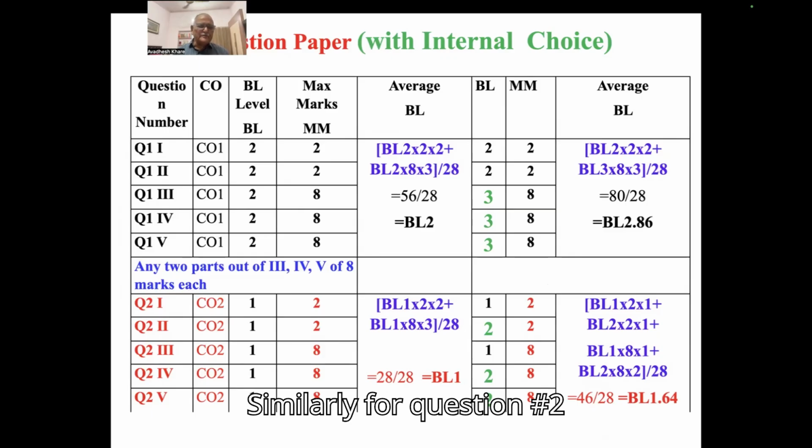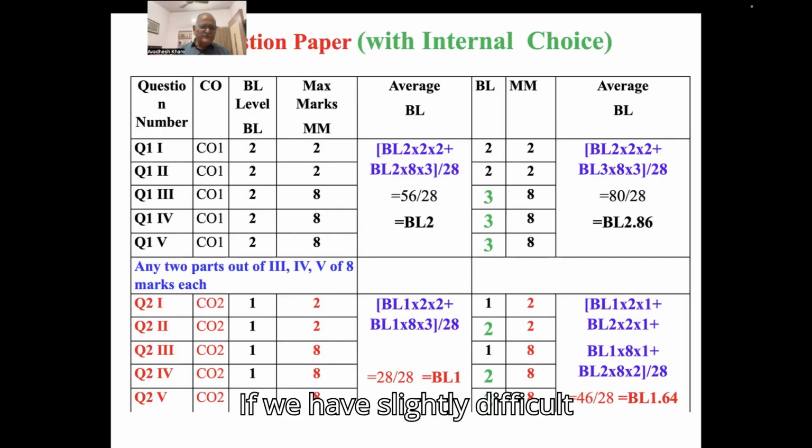Similarly, for question number 2, we have BL level of all parts as 1, and the average BL of the syllabus will be (1 into 2 into 2 plus 1 into 8 into 3) divided by 28, that is 1.